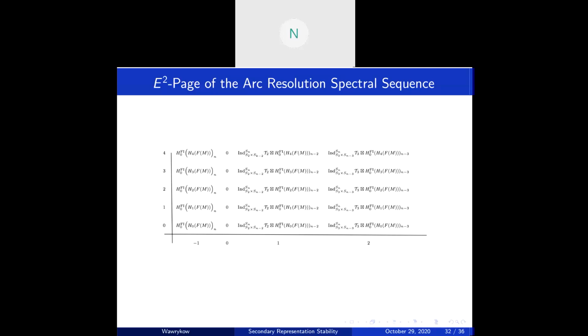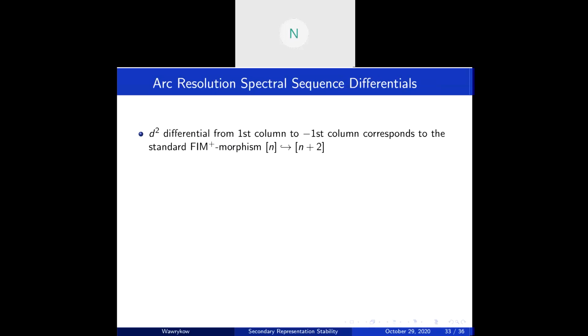And this is just going to be some map, say from the point (1, 0) to the point (-1, 1), and so on and so forth. All of these differentials are going to really correspond to just adding 2 more points that orbit each other nicely, and don't do anything else.